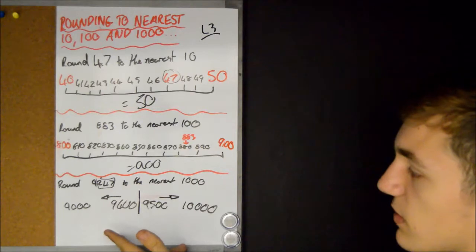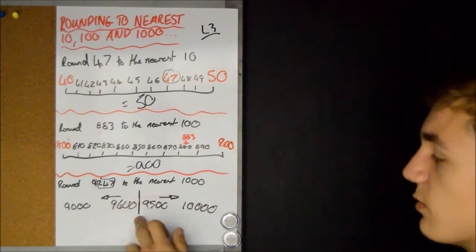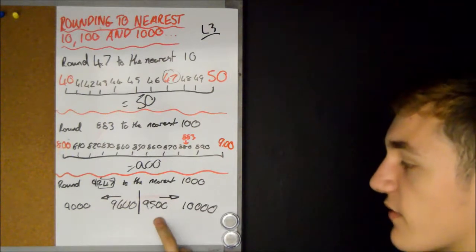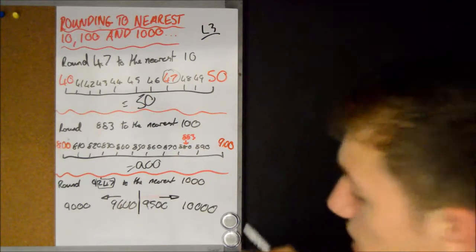If it was to be 9,510, we'd round it up because it's 10 above 500. And that's how you round to the nearest thousandth.